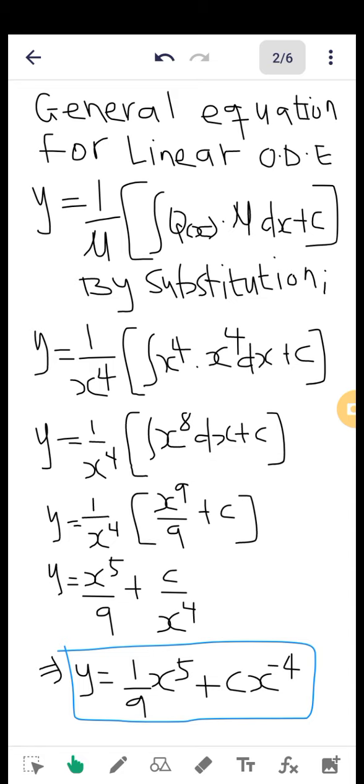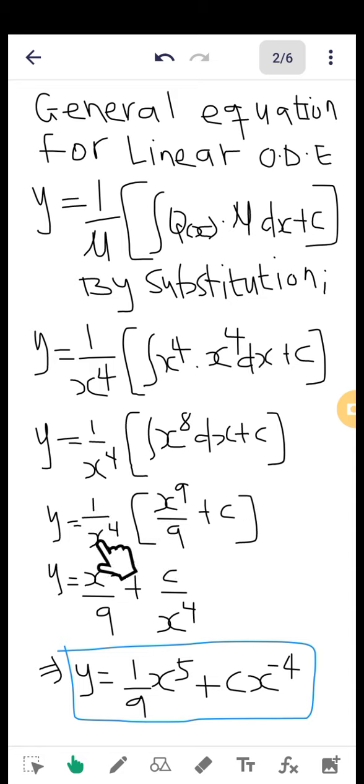So further on, we are getting 1 over x exponent 4 multiplying. I know that when I am about to integrate x exponent 8, you just add 1 to the power. So when I add 1 to 8, you are going to get 9. Then you divide by the result, which is 9, then plus c. So after that, I am done with the integrating aspect.